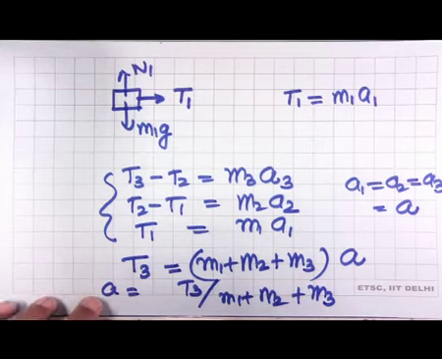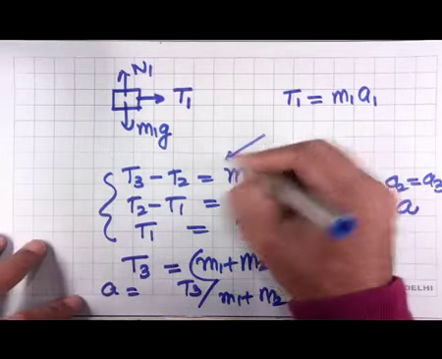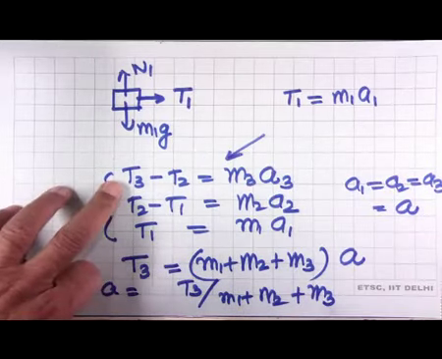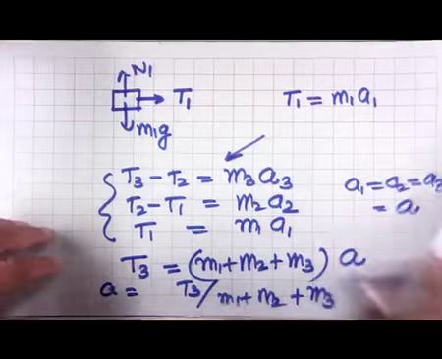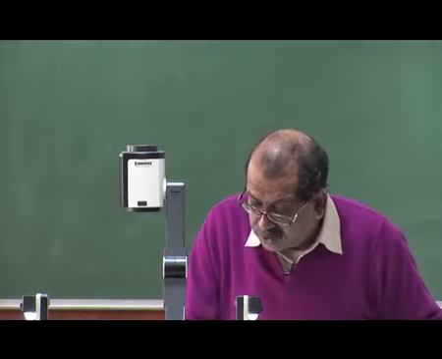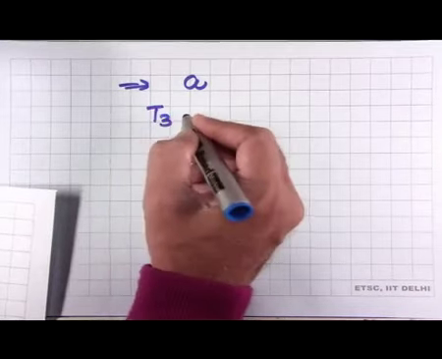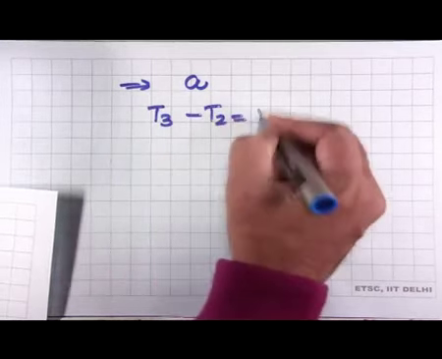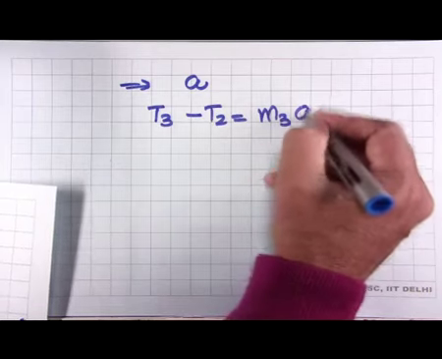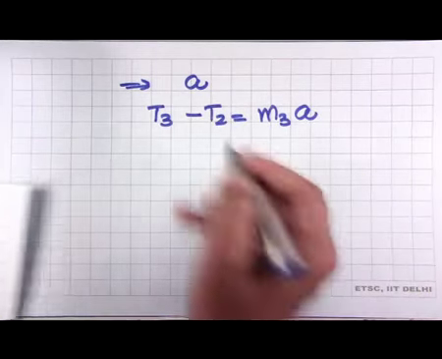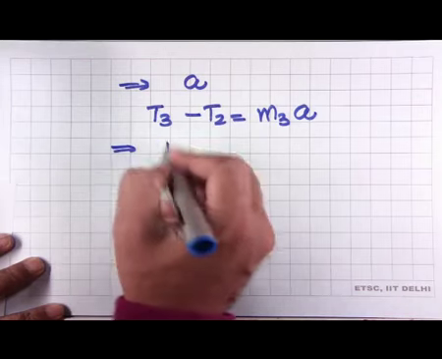Once we get the acceleration A, we can go to the first equation, T3 minus T2 is equal to M3 times A. From this equation we can get the value of T2.